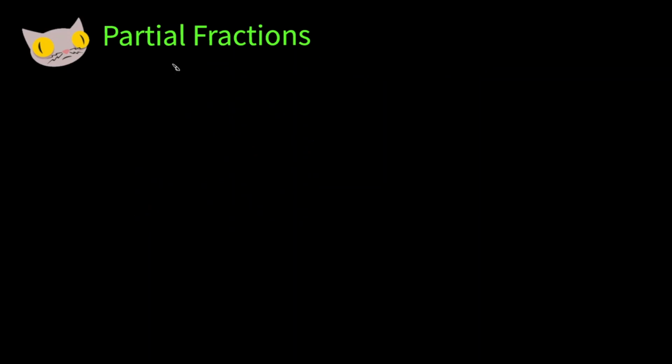Sometimes you might come across a factor like this in your denominator: x minus 3 cubed. For a situation like this, you're going to need a partial fraction for each exponent from 1 onward. So here's what that looks like.